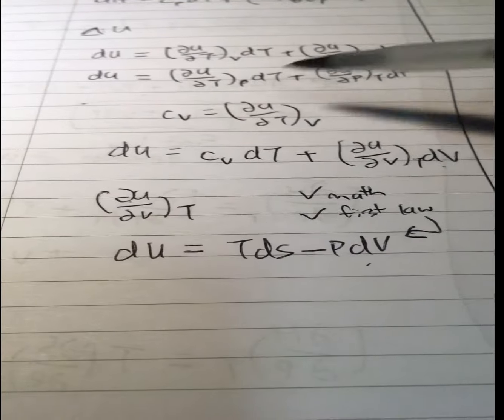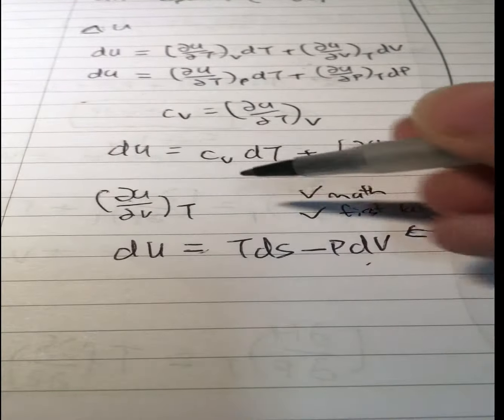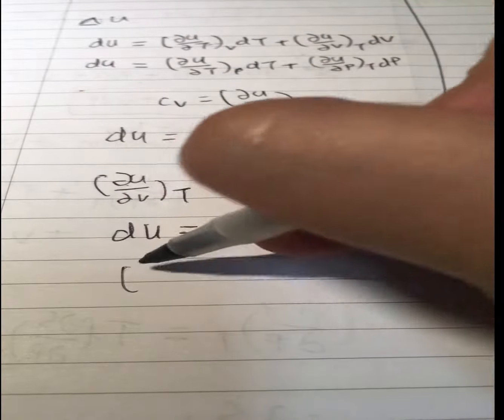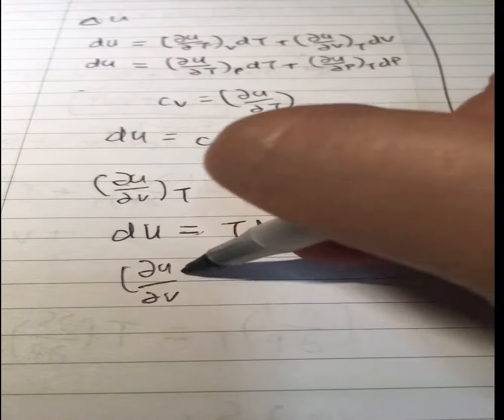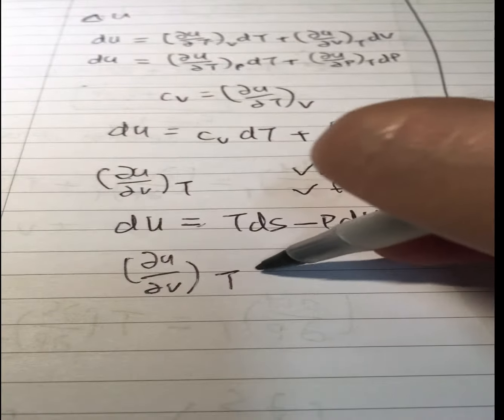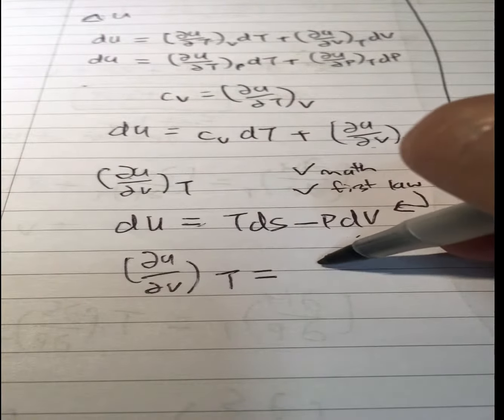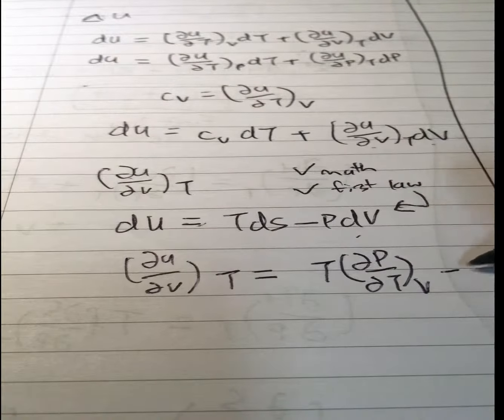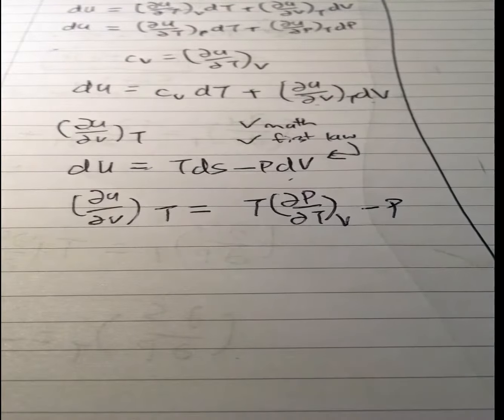So to make this look like this, we divide everything by V and keep temperature constant. So del U, da da da. Alright. Hope that wasn't too difficult.